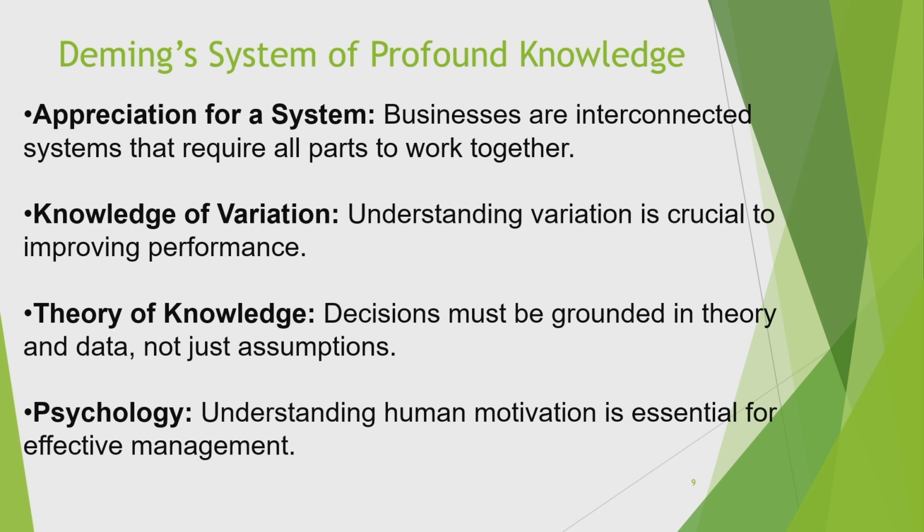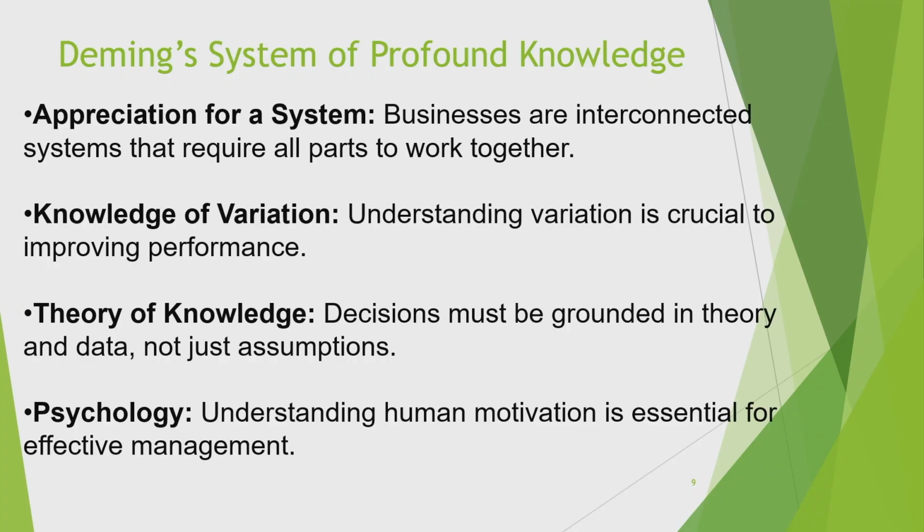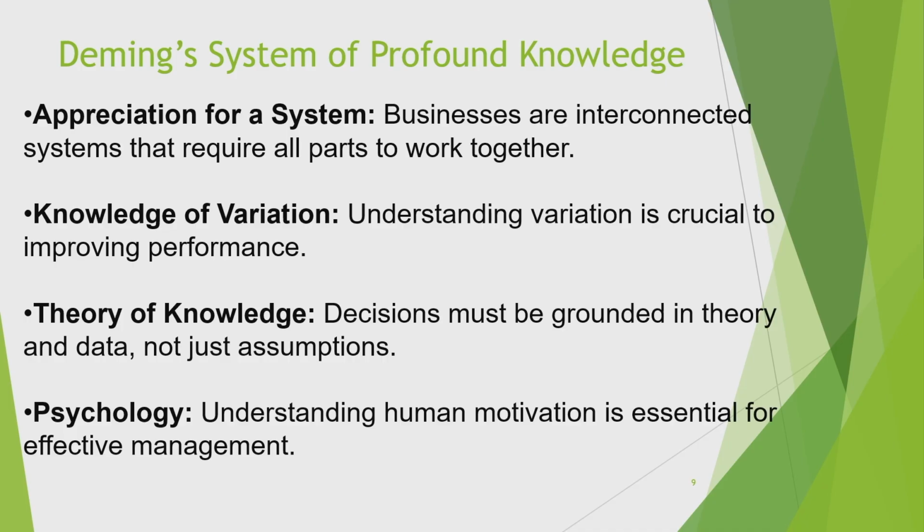You already understand that this may happen, and therefore your design should be robust enough that you can accommodate variation. Then theory of knowledge: decisions must be grounded in theory and data, not just assumptions. So there is a lot of scope for statistics and data analytics, etc. Then psychology: understanding human motivation is essential for effective management.